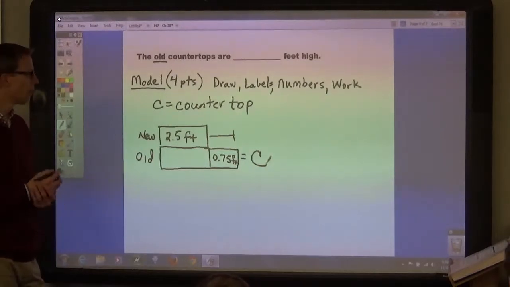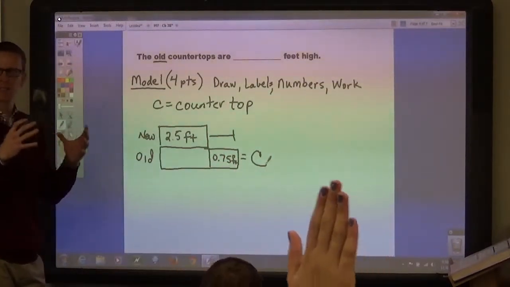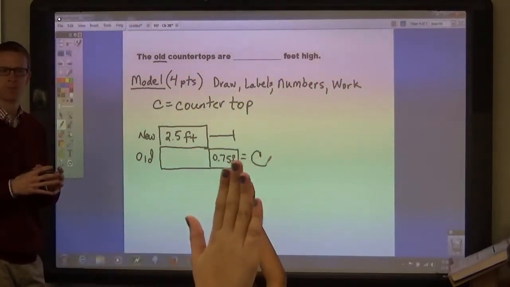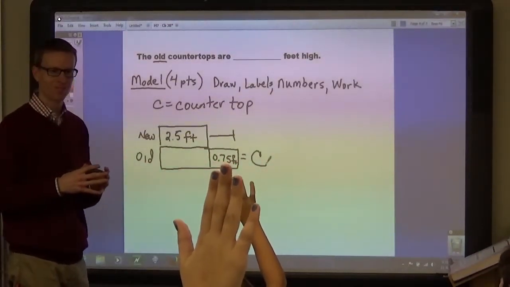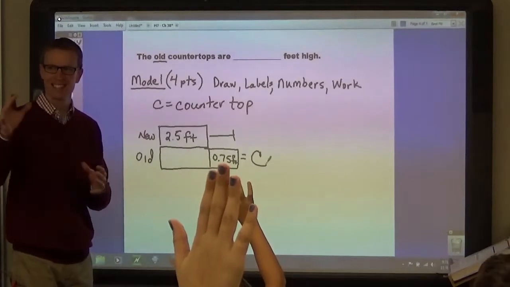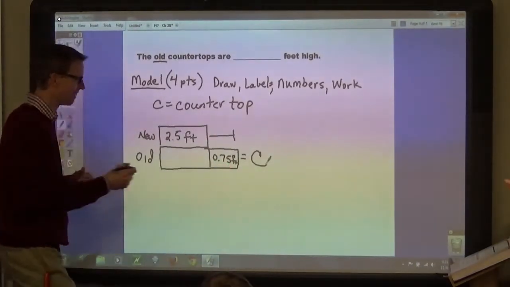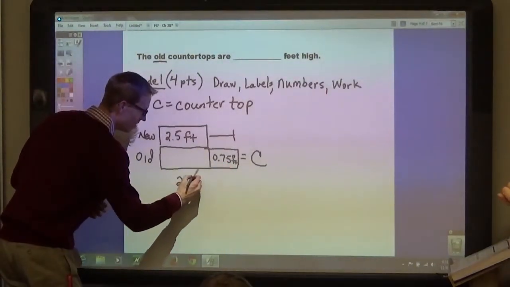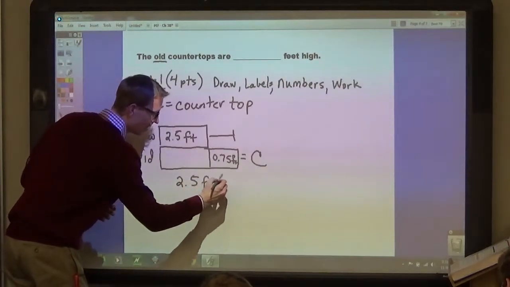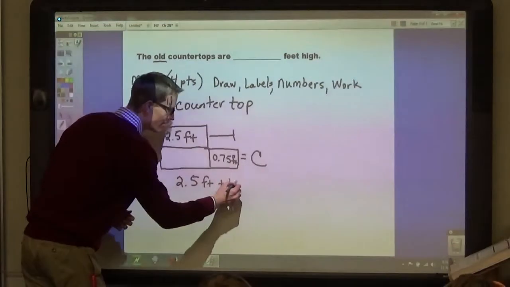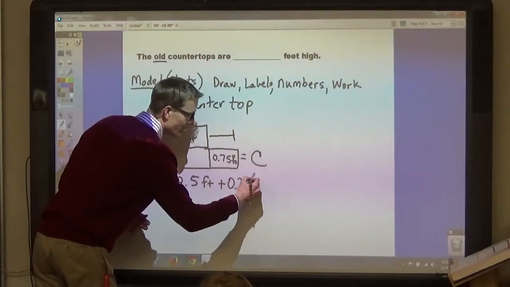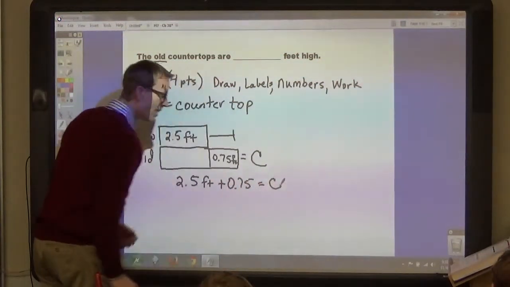So now, how could we write this out in a math sentence? Lydia? You have to add 2.5 feet to 0.75. That plus the 0.75 equals C. Right.